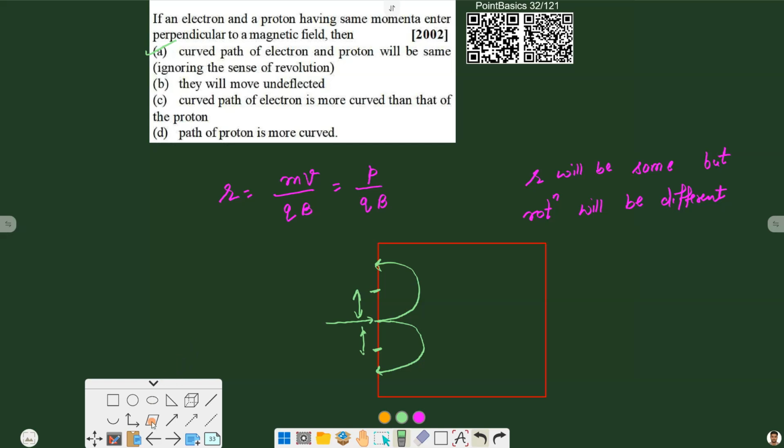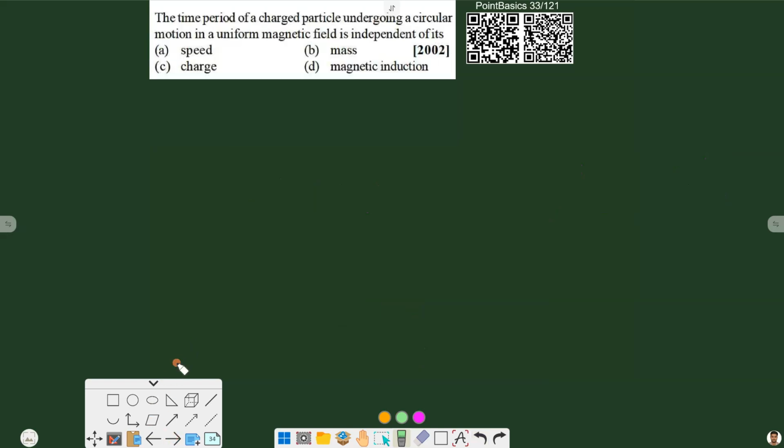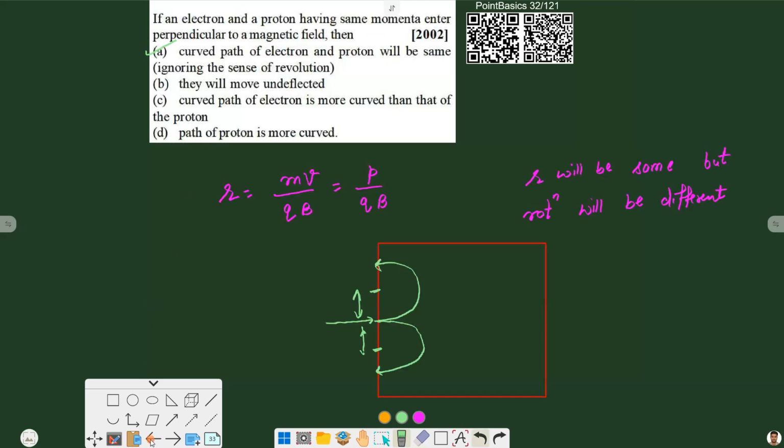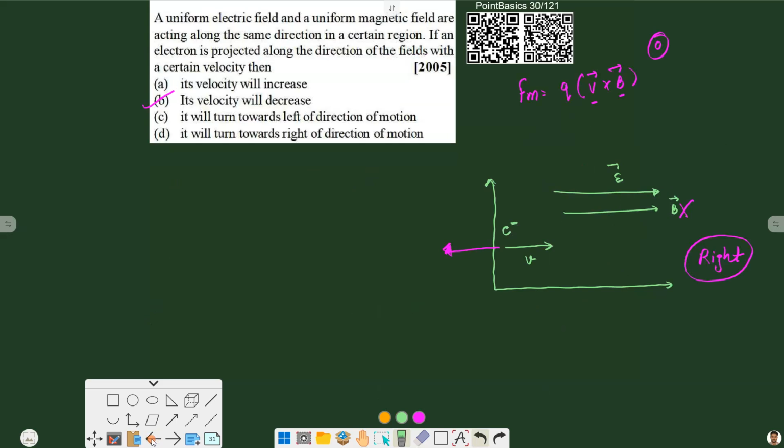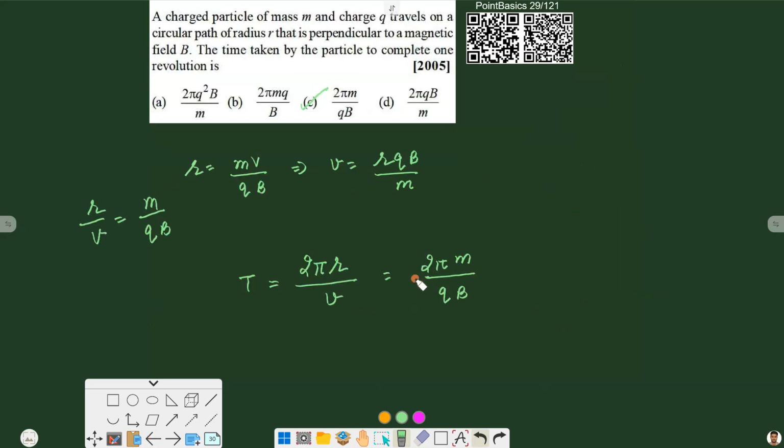Moving to the next one. The time period of a charged particle undergoing circular motion in a uniform magnetic field is independent of its speed, charge, mass, or magnetic induction. We just found the value of the time period in one of the previous questions. Here it is: time period is 2 pi m by qB.